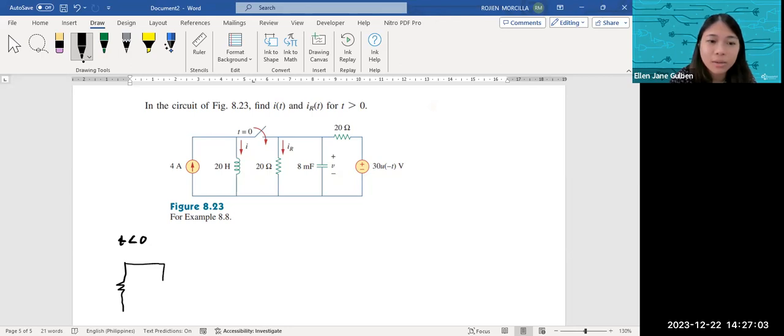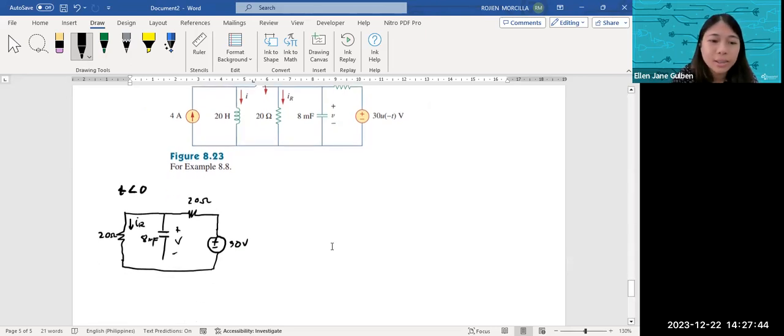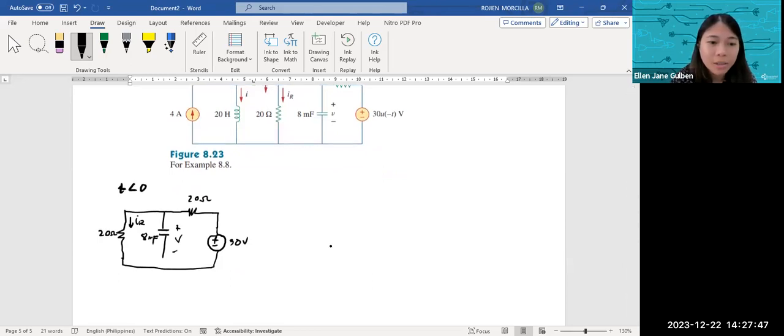Then we have our capacitor right here and another resistor, and we have here 30 U of t volts, since that's U of t, it only works at time less than 0. We have 20 ohm. This is our IR.